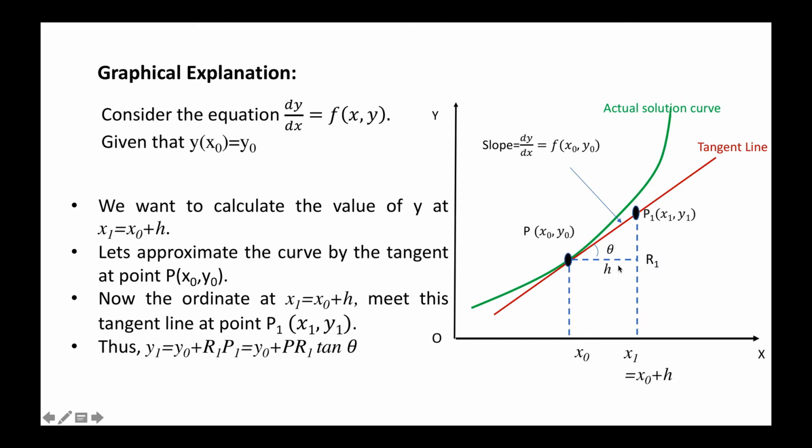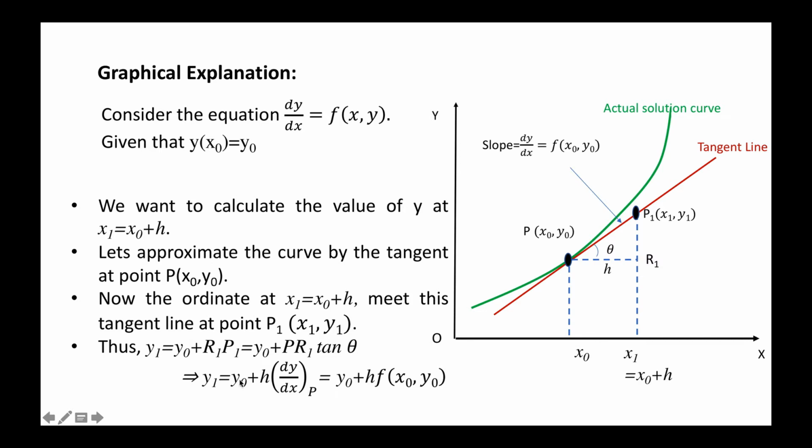In this triangle we have R1P1 equal to PR1 times tangent theta. Now what is tangent theta? Slope is given by tangent theta, and the slope is given by dy by dx at which point? Point P.